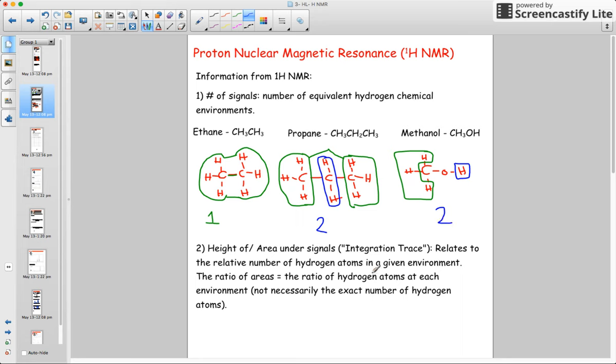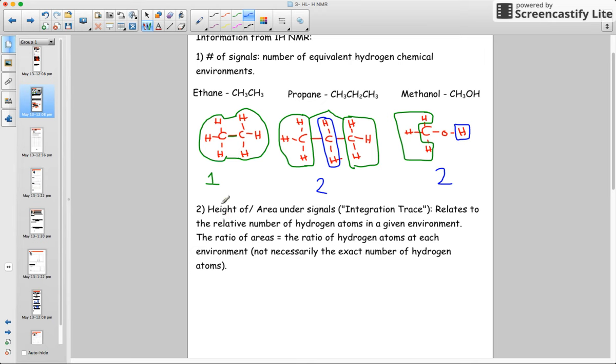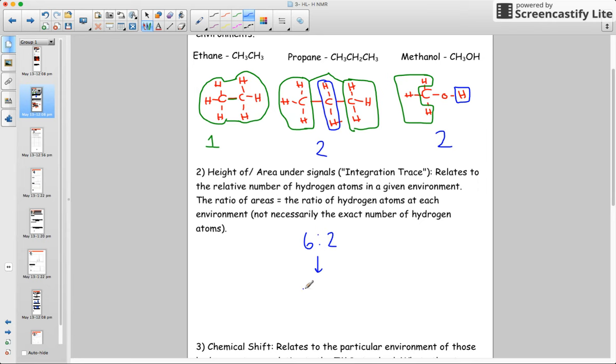The second important thing for an HNMR is how many hydrogens there are in each environment relative to one another. In the first one, this doesn't really matter because there's only one environment. But in this one, there are 6 hydrogens in one environment, and there are 2 hydrogens in the next environment. So what you would end up seeing on the HNMR spectrum is that the peak for the first environment is going to be 3 times as high as the peak for the CH2 group, because there are 3 times as many hydrogens in this environment as there are in this environment.